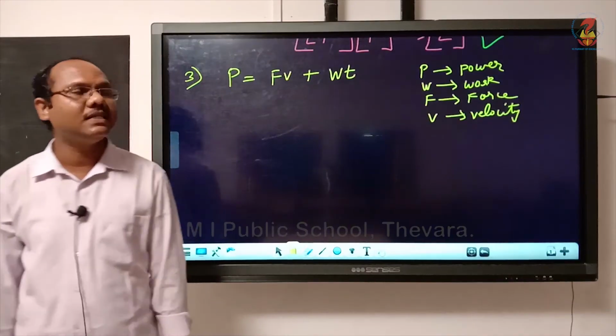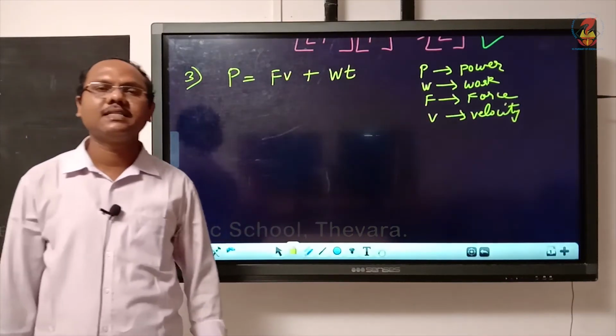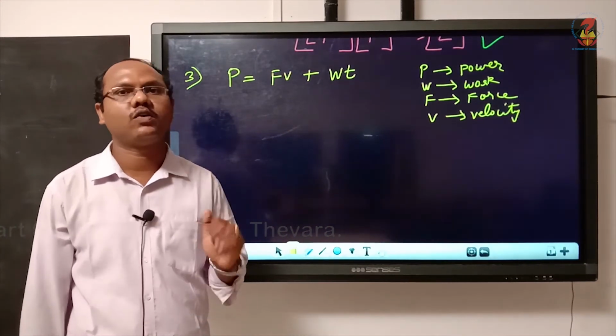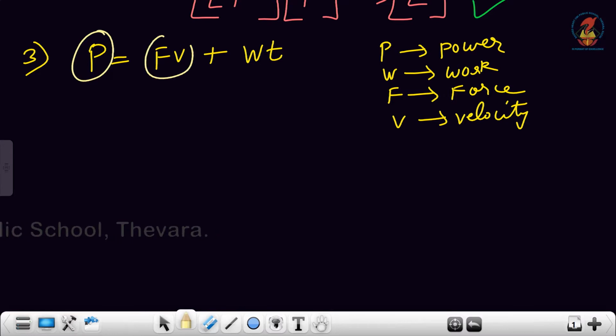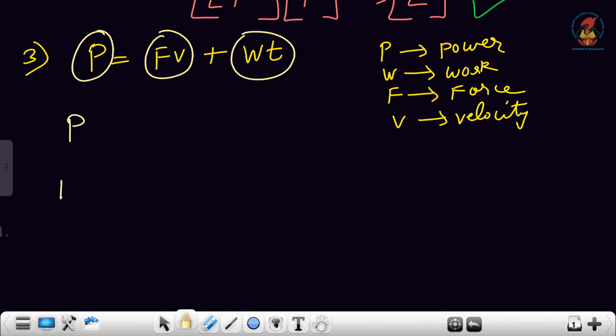So these are the quantities given. We have to check whether this is dimensionally correct or not. So let us do. How many terms? There are 3 terms. So I am writing all these 3 terms separately.